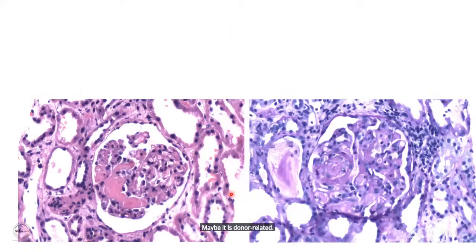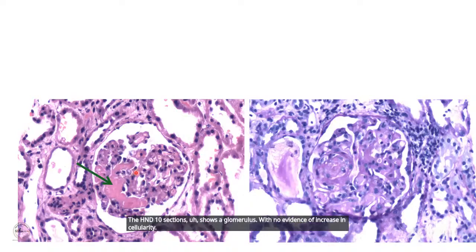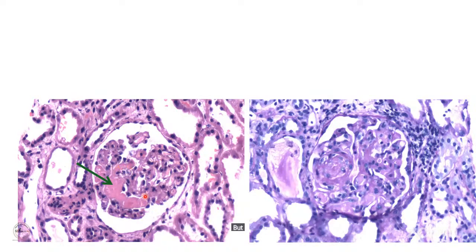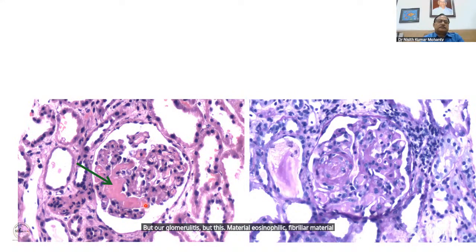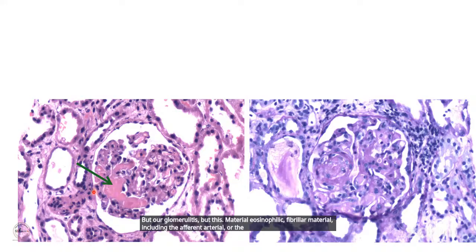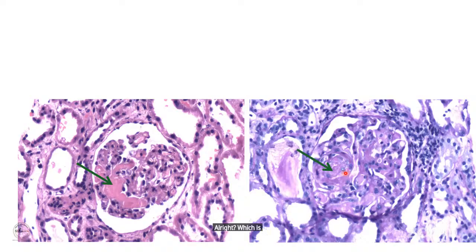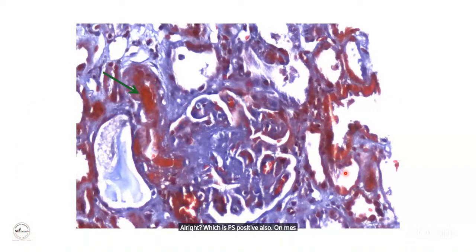On further magnification, the H&E stained section shows a glomerulus with no evidence of increase in cellularity or glomerulitis, but this eosinophilic fibrillar material is occluding the afferent or hilar arteriole, and is PAS positive also. On Masson trichrome stain, it is fuchsinophilic, fibrillar or granular in appearance, and there is some mesangiolysis also.